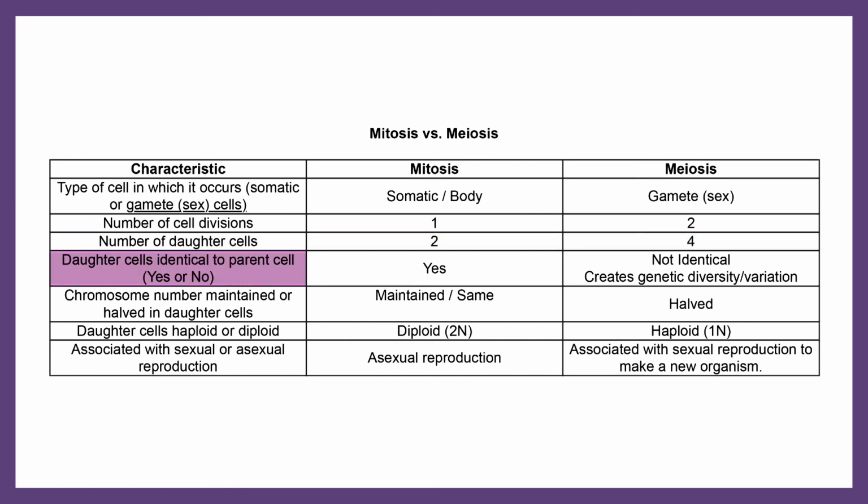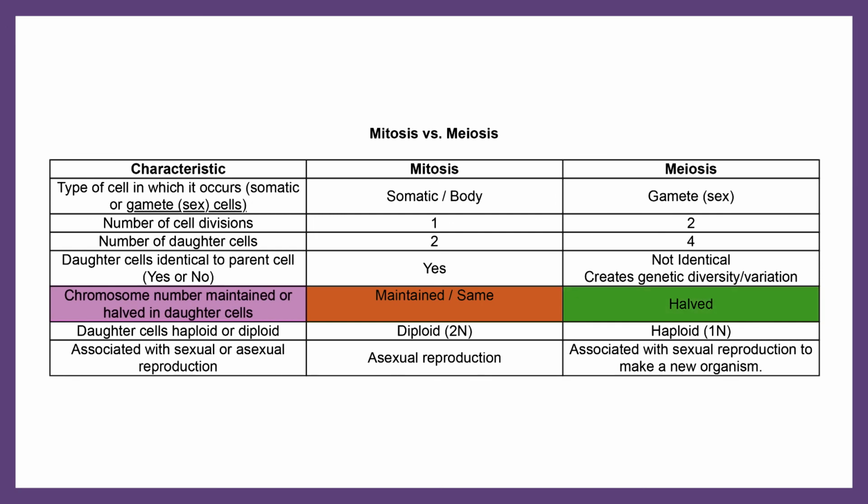Mitosis creates cells that are identical to each other and also the parent cell. Meiosis does not create identical cells. They create genetic diversity and variation. The cells created in mitosis maintain the chromosome number, which makes them the same as the parent cell. Meiosis halves the chromosome number, which creates half the amount of chromosomes as the parent.